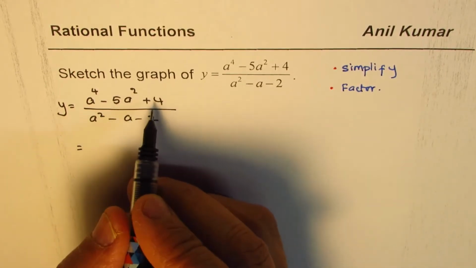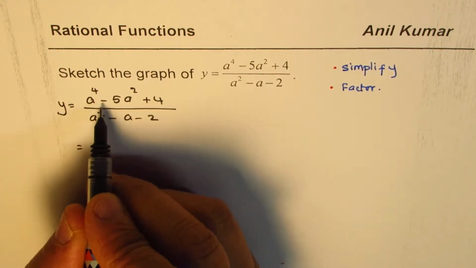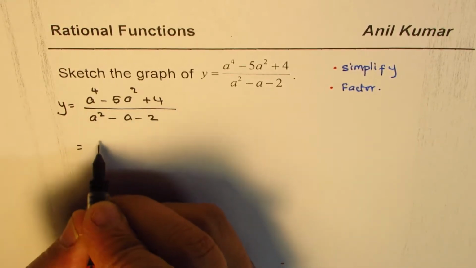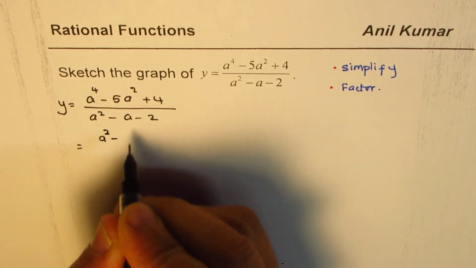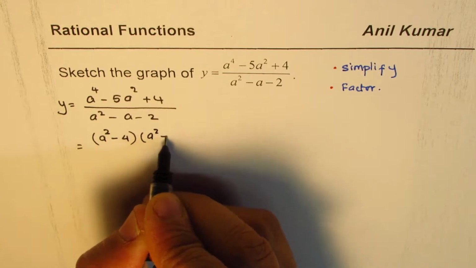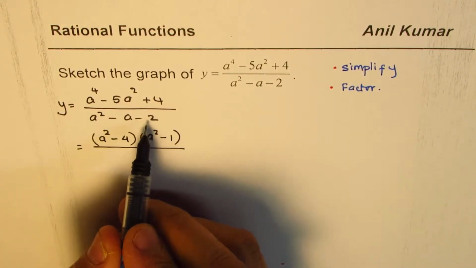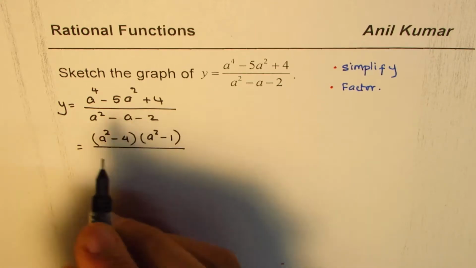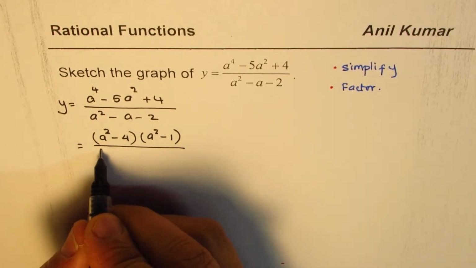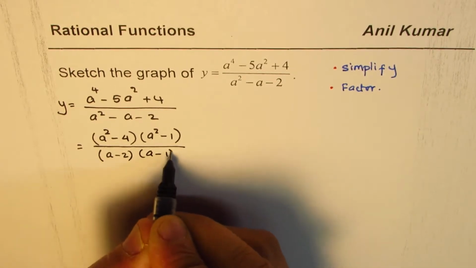So the product of 4, which is 4 times 1, both negative, will give us a sum of minus 5. So I could write this as a squared minus 4 times a squared minus 1, divided by this portion, product of minus 2, sum of minus 1. So 2 times 1, 2 being negative, right? So a minus 2 times a plus 1.